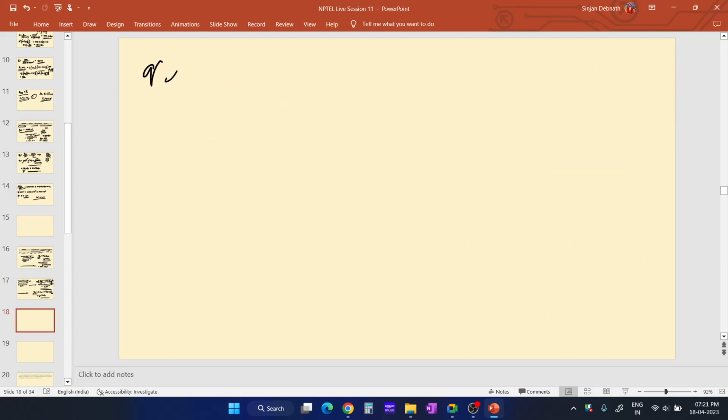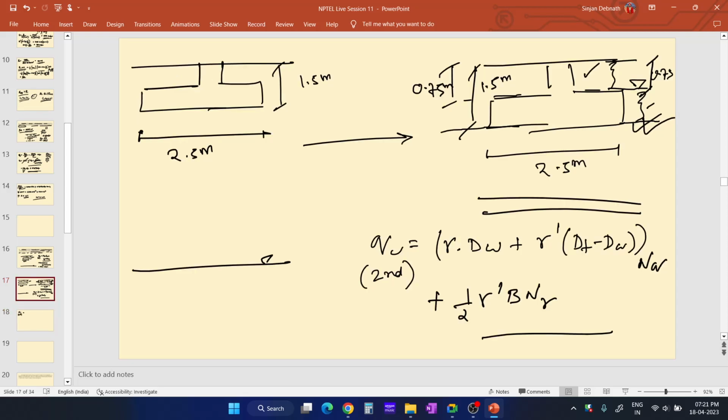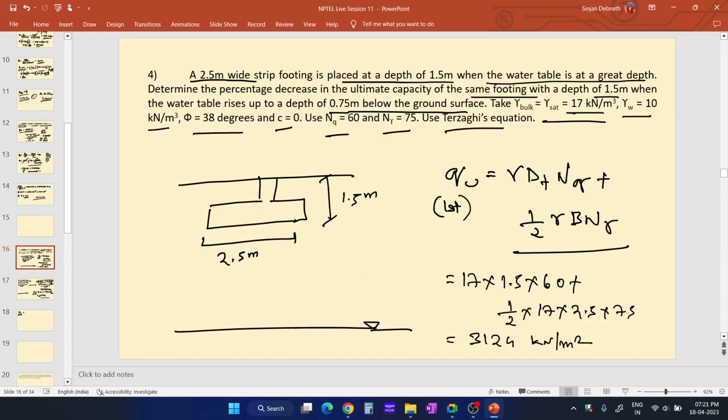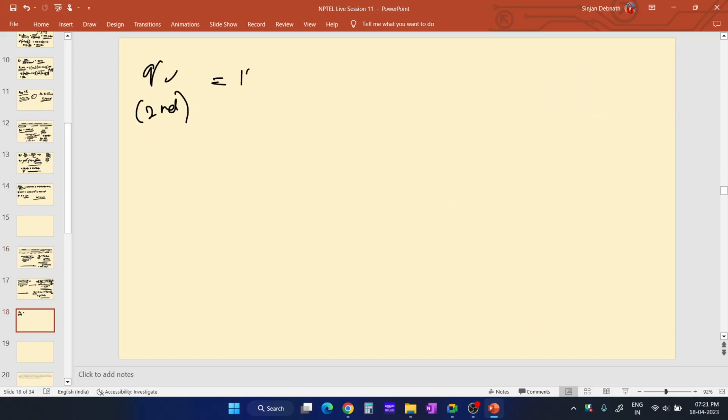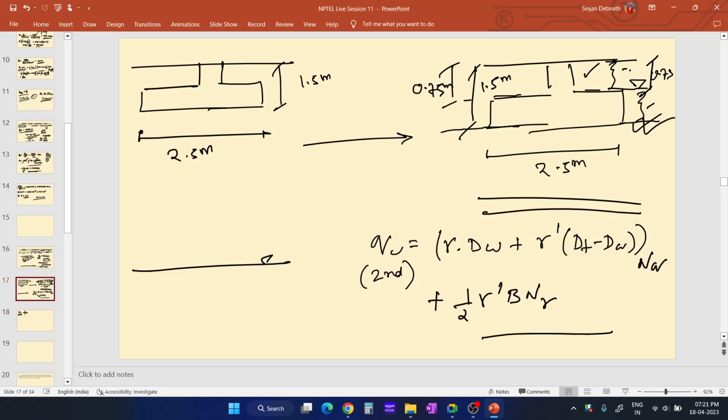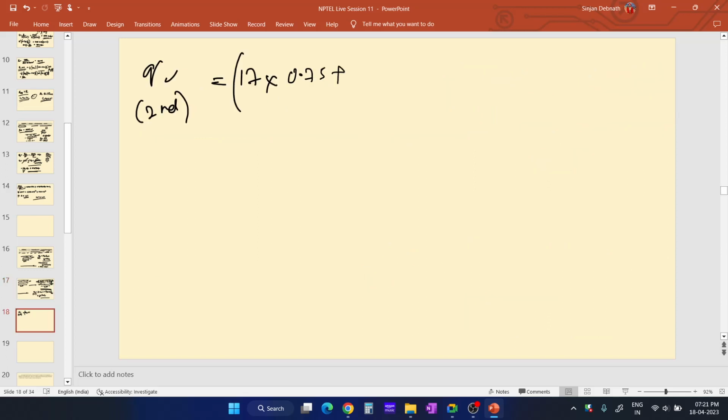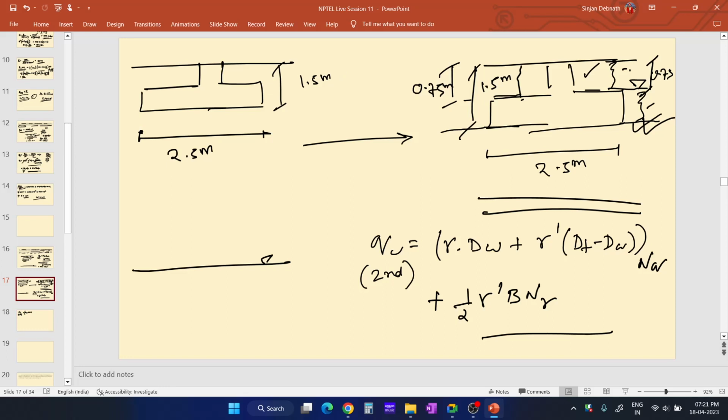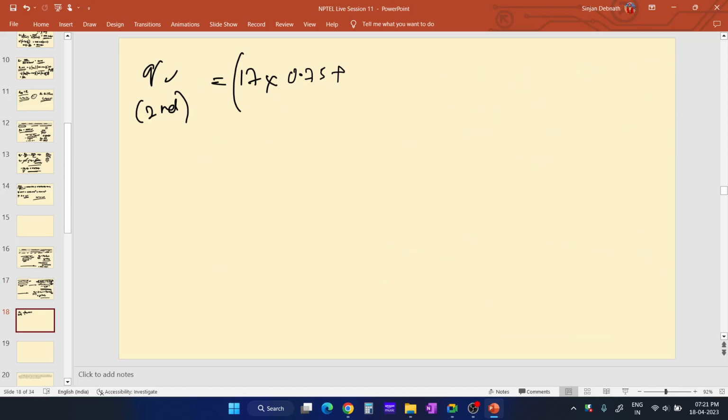So qu second. Gamma of this part is already given: gamma bulk equal to gamma sat, so it is 17. So it is 17 into dw, which is 0.75, plus df minus dw, so 1.5 minus 0.75 is 0.75, into gamma submerged.